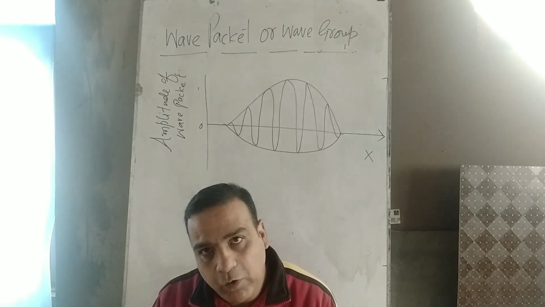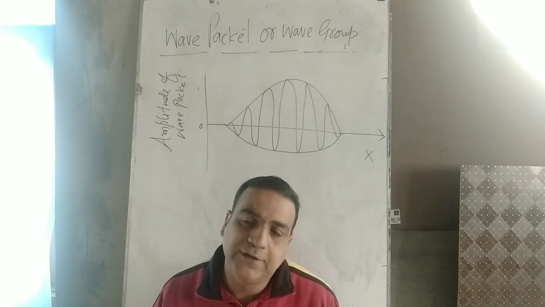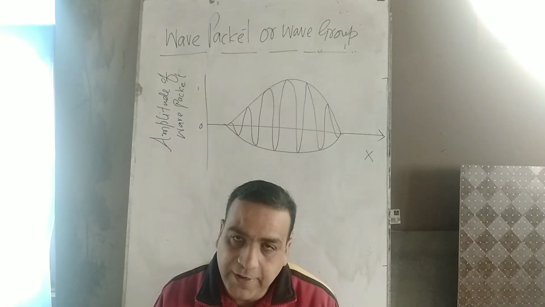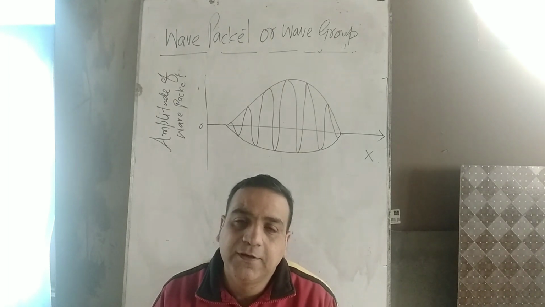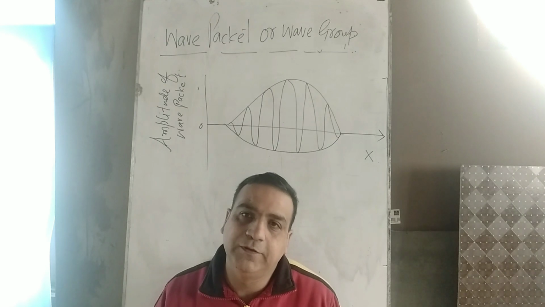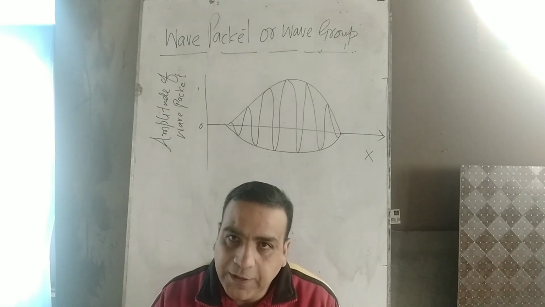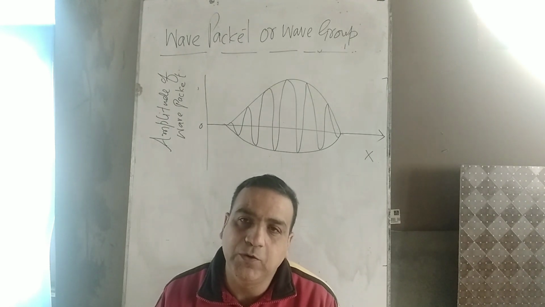But at the same time, if we go away from this particle, the waves that interfere, which have different frequencies, interfere destructively, so that the amplitude of the resultant wave sharply boils down to zero.